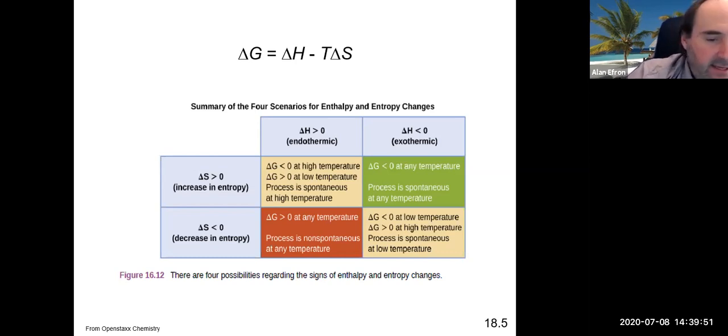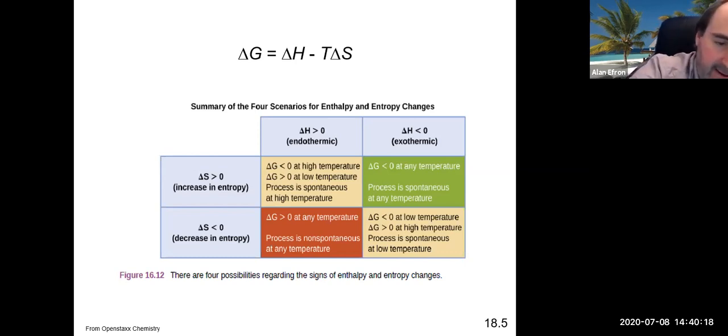A lot of times they will not give you information like numbers. They may just say, hey, the delta H is positive, the delta S is negative. Do you expect this reaction to be spontaneous or non-spontaneous? So let's talk about how we could use this other equation to figure those things out.